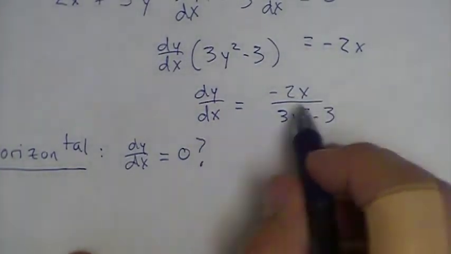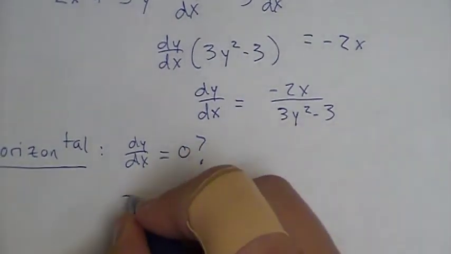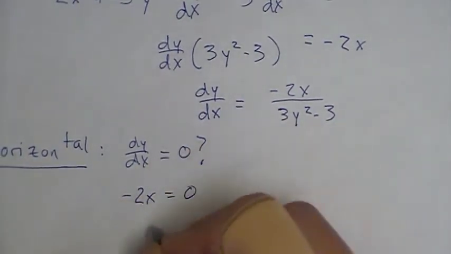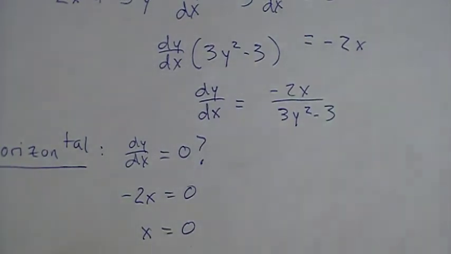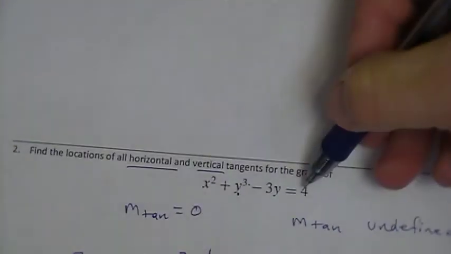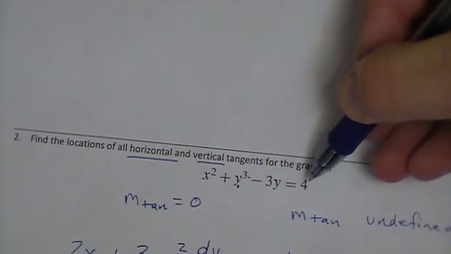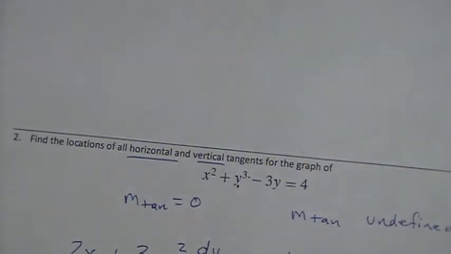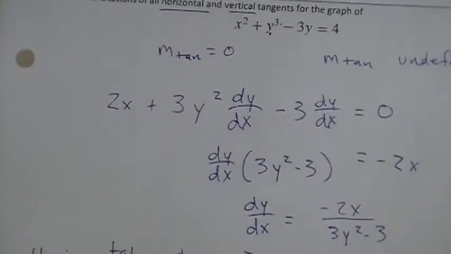So it's pretty simple to say dy/dx is 0 anytime negative 2x equals 0, or anytime x equals 0. So anywhere on this relation where x equals 0, dy/dx is going to be 0, and we're going to have a horizontal tangent.